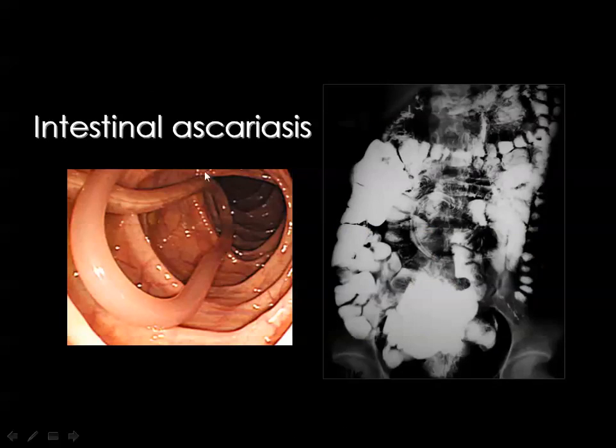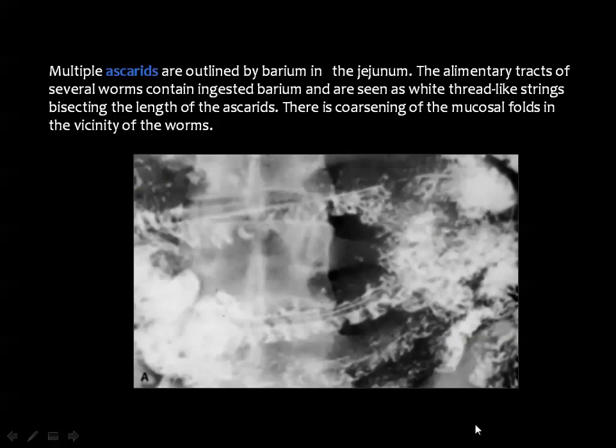And this is an endoscopic image of an Ascaris worm in the small bowel, and you can see here this is an Ascaris worm in the small intestine as well. And this is a magnified view of some of the intestinal loops showing too many Ascaris worms, and you know that the Ascaris worm can swallow the barium, and the barium will appear as an opaque line within the negative shadow of the worm itself.